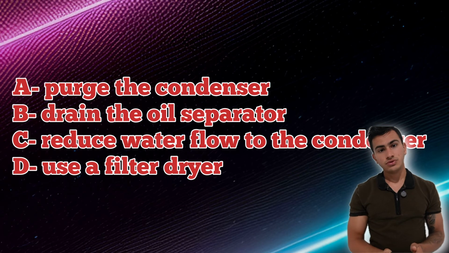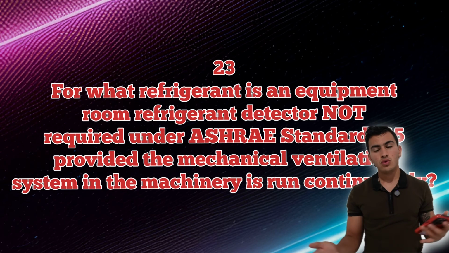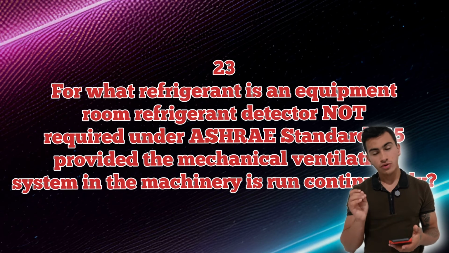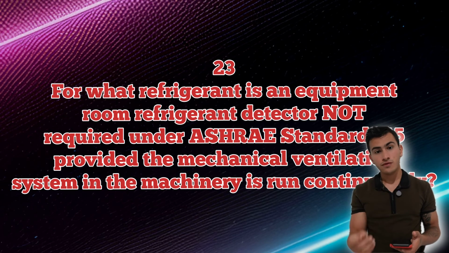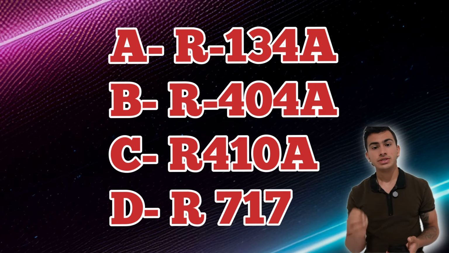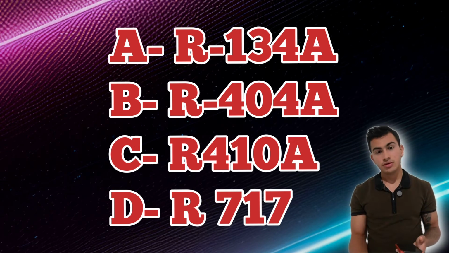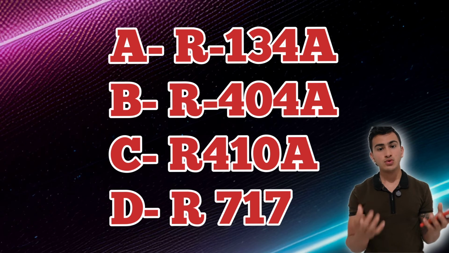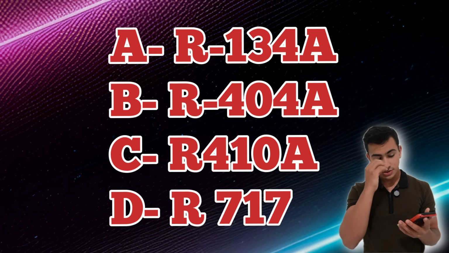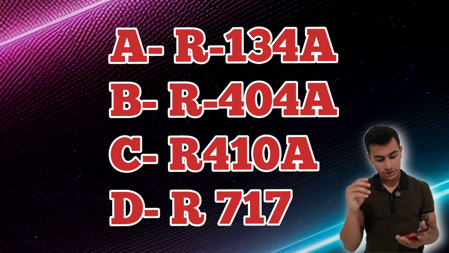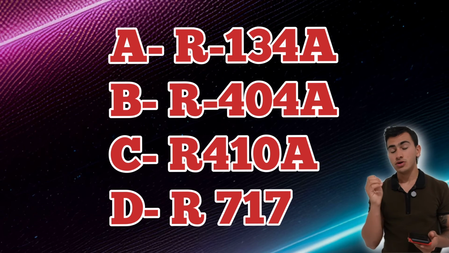Use a filter dryer, D. Next: is it required? We all know for R134A it is required. For 404A it is also required, and R410A is kind of the most used refrigerant. So yes, it is required. So the only answer for this one is R17.